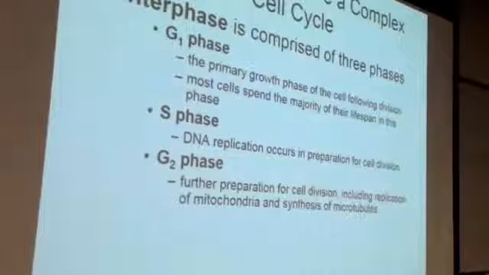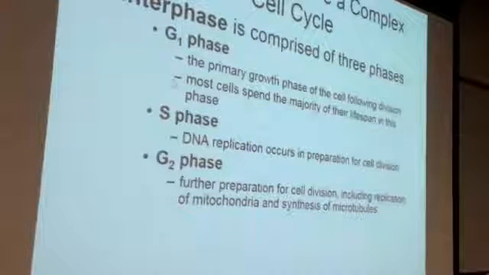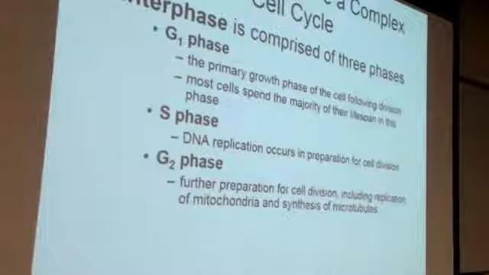It says most cells spend the majority of their lifespan in this phase. For any cell that does not seem to have the ability to reproduce anymore, this is it. They are reproduced, they hit G1 and they stay there. So for example, our brain cells or spinal cord cells, they're living, but they never pass this G1 phase, or we haven't figured out how to induce them to.